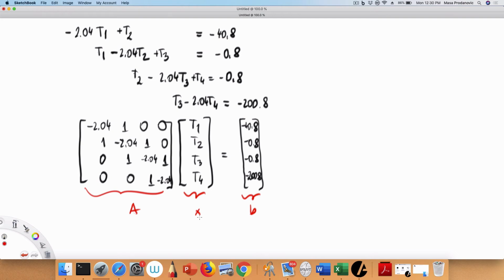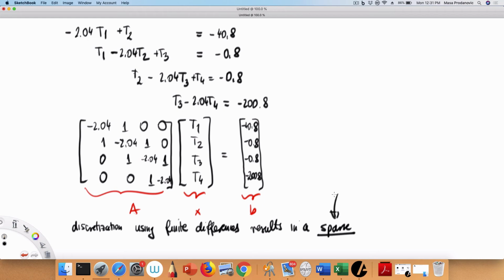So discretization using finite differences results in a sparse matrix, lots of zeros, with repetitive structure.